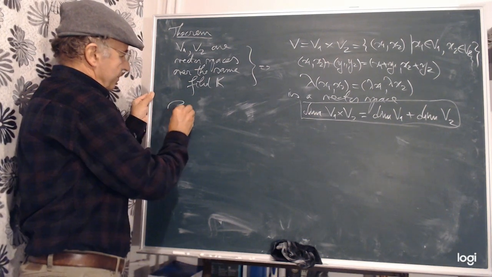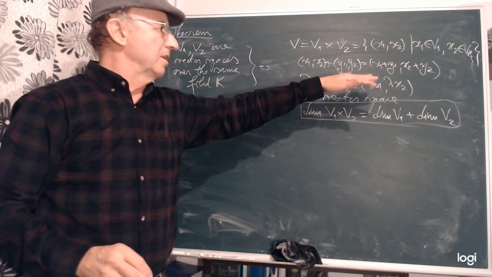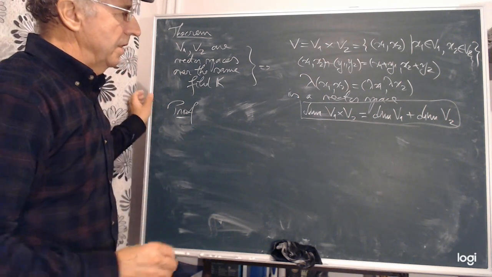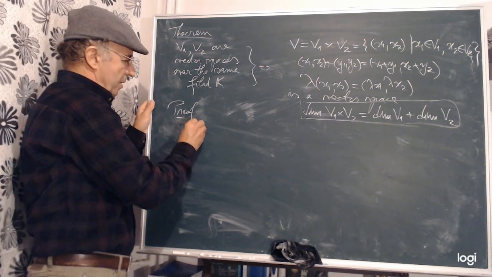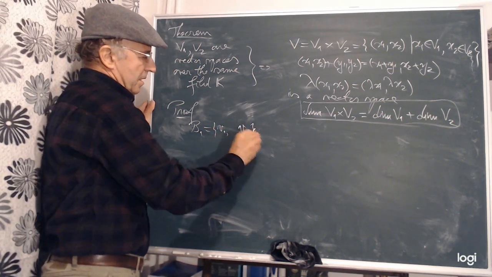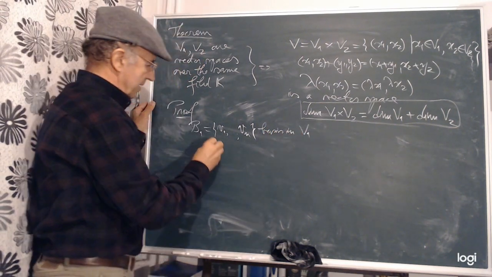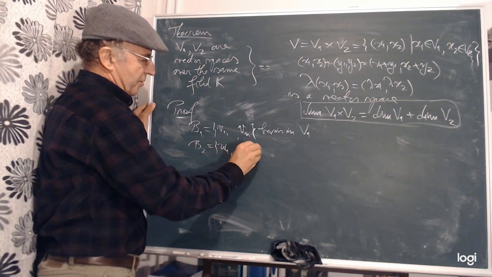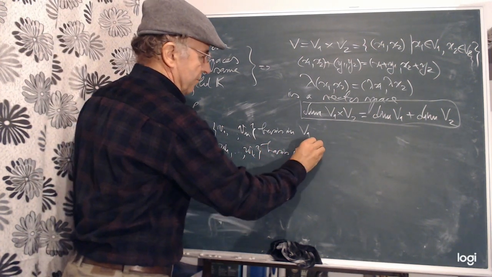Proof. One can easily check the axioms and prove that here we have a vector space. Now let us consider a basis of V1 containing the vectors v1 up to vn, a basis in V1, and w1 up to wk, a basis in V2.